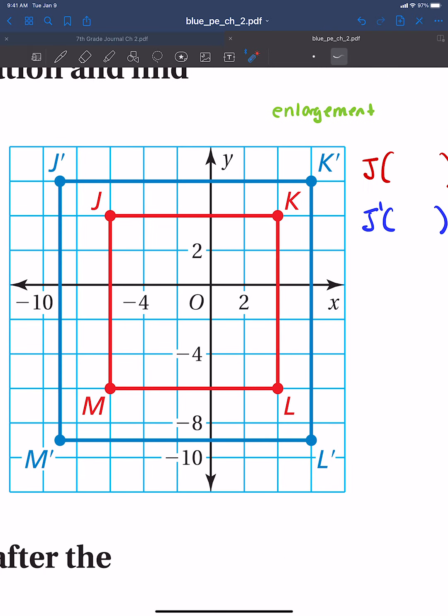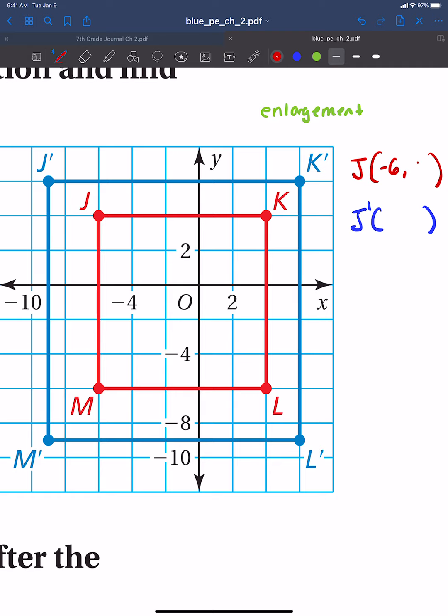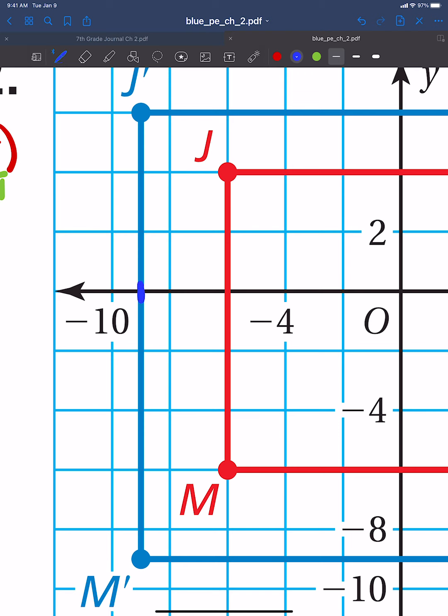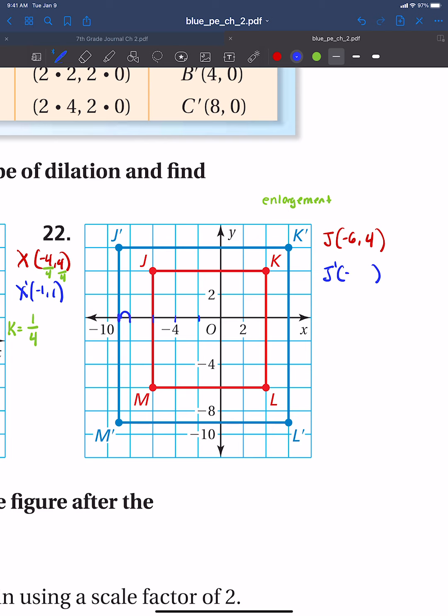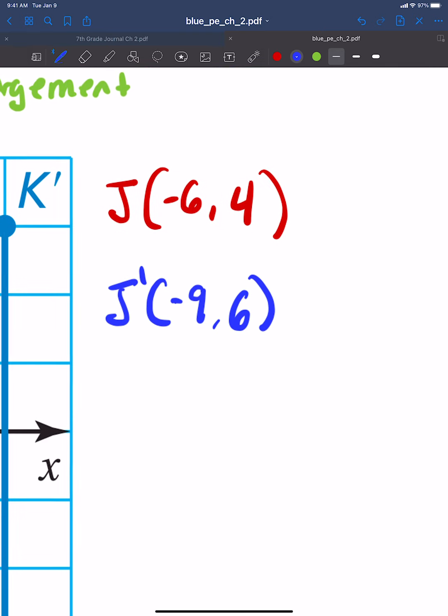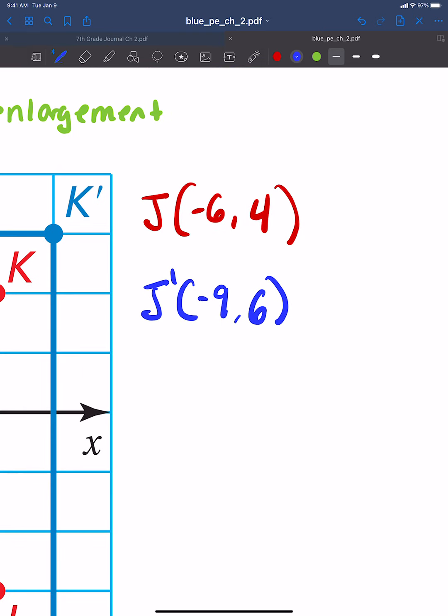It's -6, +4. And then the blue J prime is, oh, see this, guys? See how it lands in the middle? That's not hard, guys. So this would be 2, 4, 6, 8, 9. So it's back 9, up 2, 4, 6. Okay, like I said, this is an enlargement.